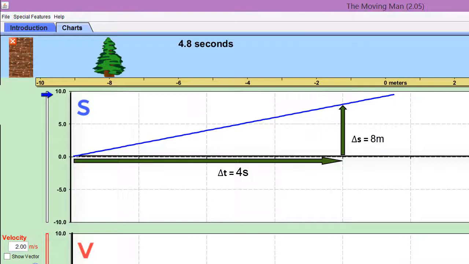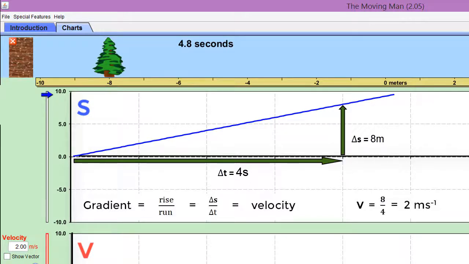So the gradient of our position time graph is rise over run, which is displacement divided by time, which is the velocity. So for our little man, his velocity is 8 divided by 4, or 2 meters per second, which of course is exactly what we put in the red box at the start. Make sure you've absorbed all this before we go any further.